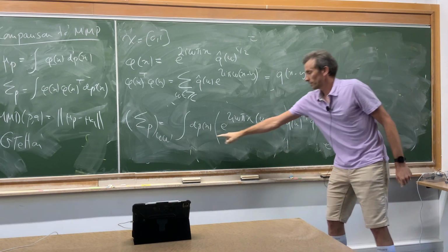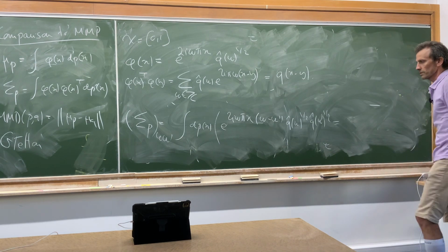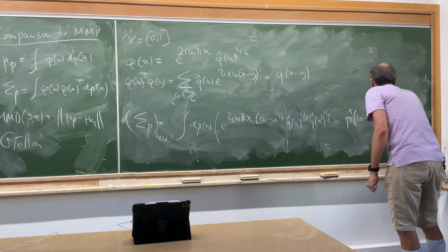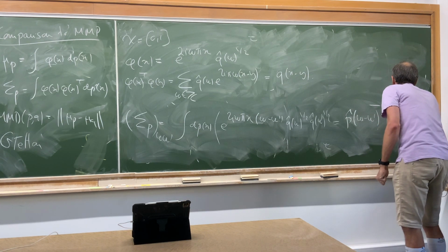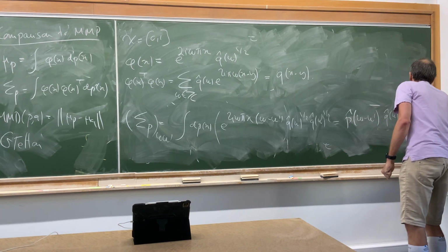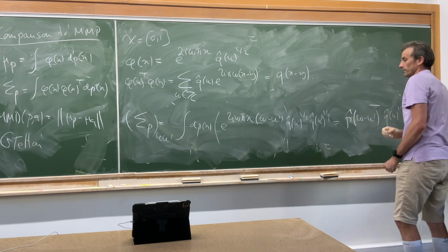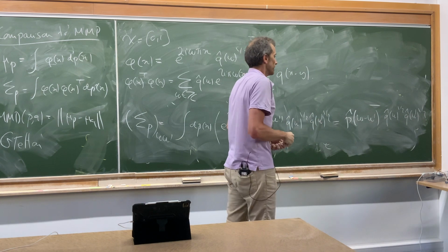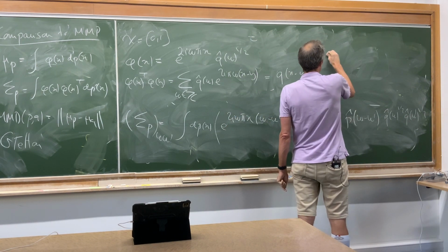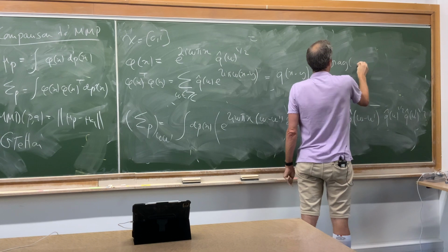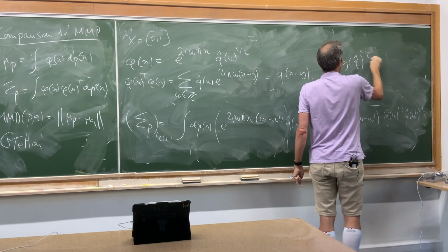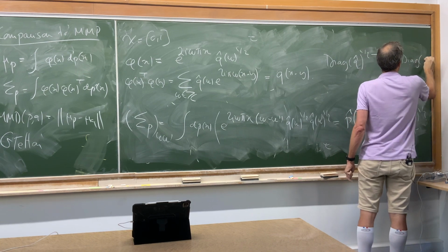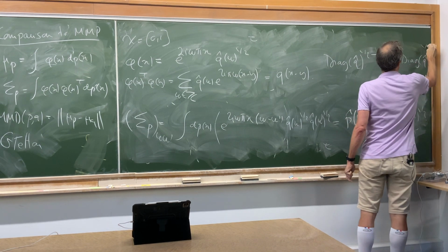And when you take the integral, you get the characteristic function of p. So you get p hat of omega minus omega prime times q hat of omega to the 1/2, q hat of omega prime to the 1/2. So you recover a similar Toeplitz matrix, diag of q hat 1/2, Toeplitz matrix, diag of q hat 1/2.